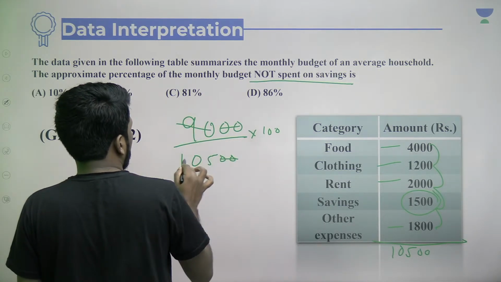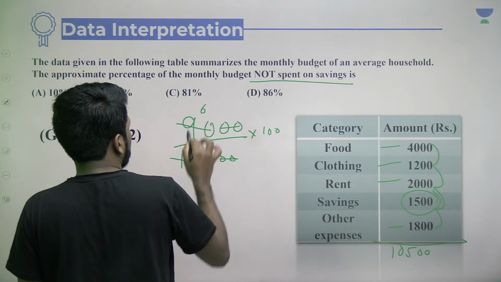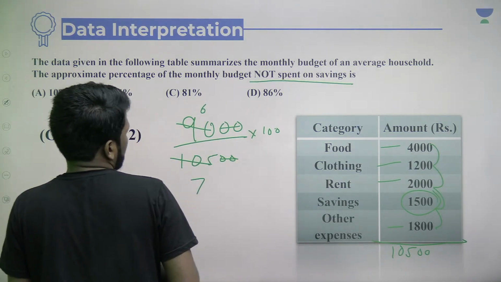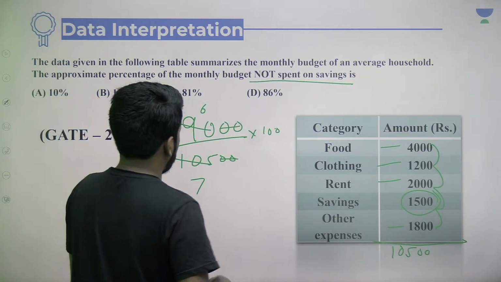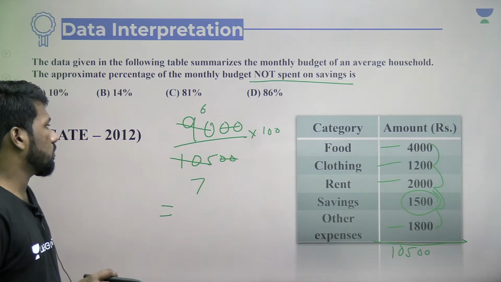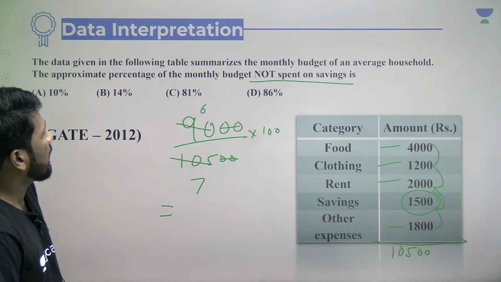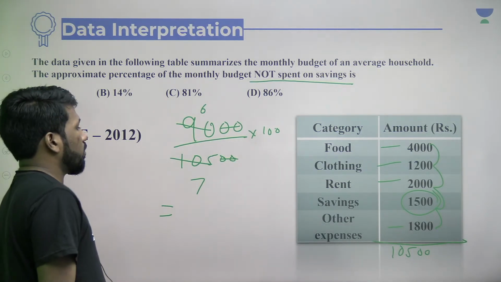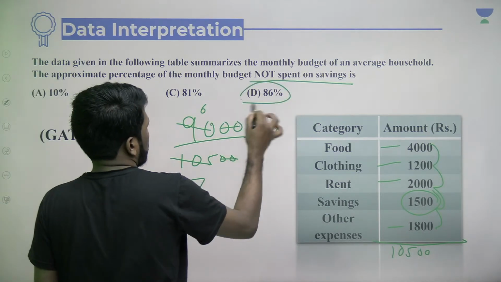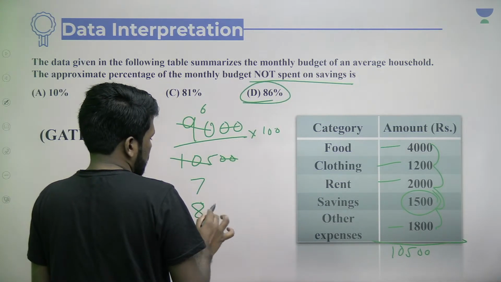Cancelling 90 and 105, you will get 6 by 7. 1 by 7 is 14.28%, so 6 by 7 is approximately 85.6%. Among the options, the nearest option is 86%.